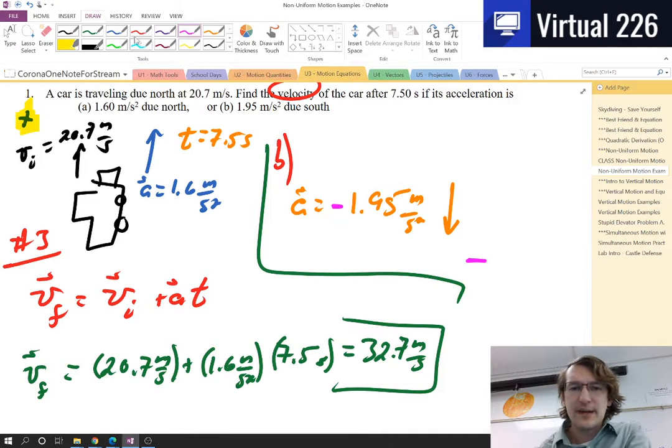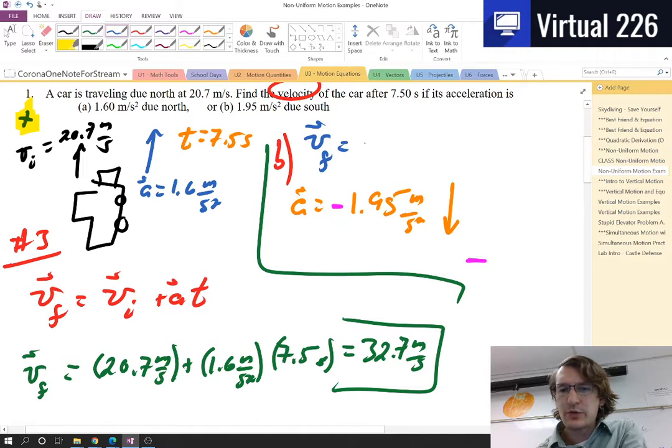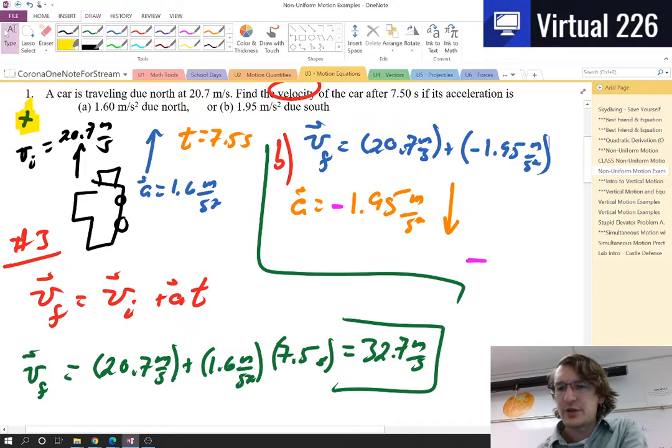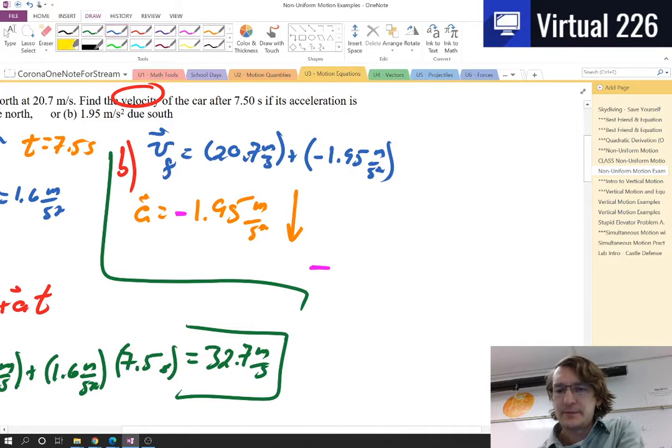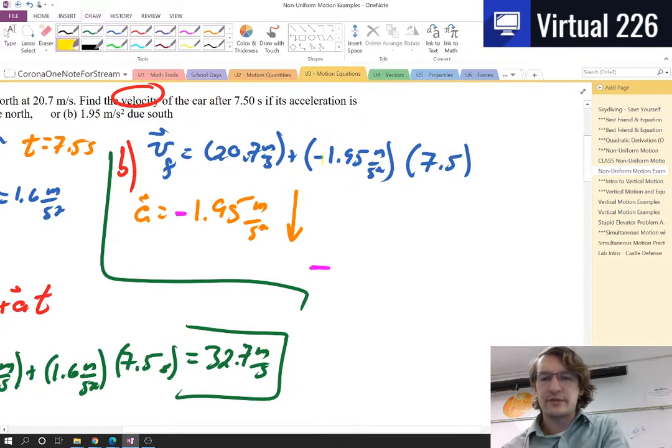In the end, it's going to be the same equation, VF equals VI plus AT, number 3, but this time we're going to have VF equals VI, the 20.7 meters per second, plus negative 1.95 meters per second squared for the acceleration, multiplied by 7.5. We need to make sure that this negative goes in there.